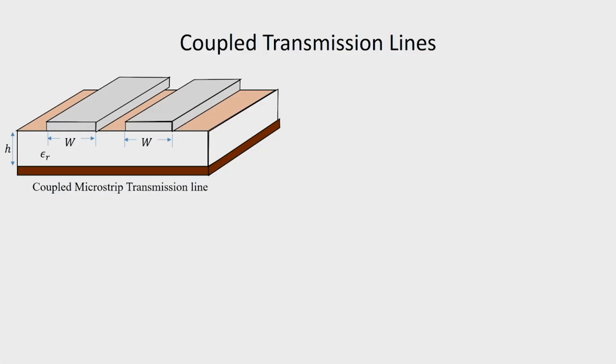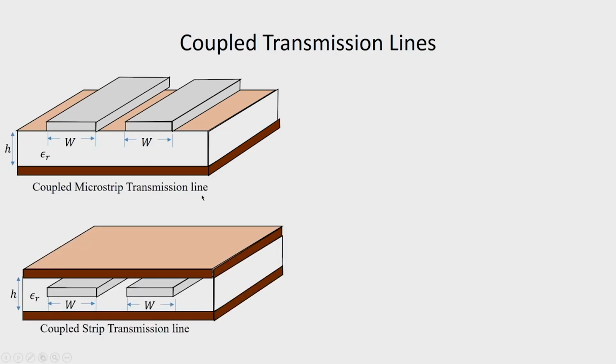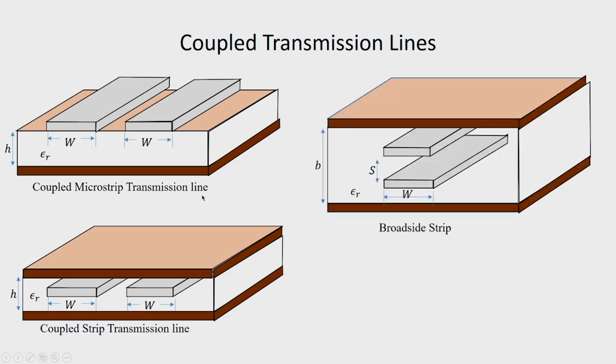In a coupled transmission line, we have coupling between the conductors which are either spaced side by side or one above the other, and this type of line we can have in the microstrip form or in the strip line form.